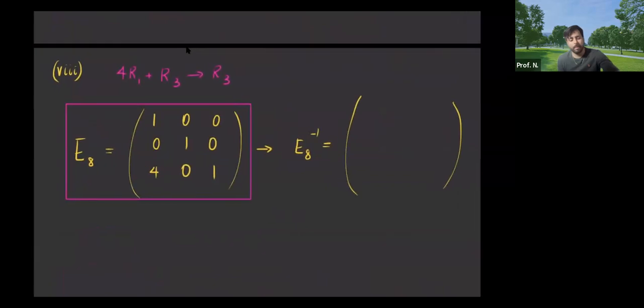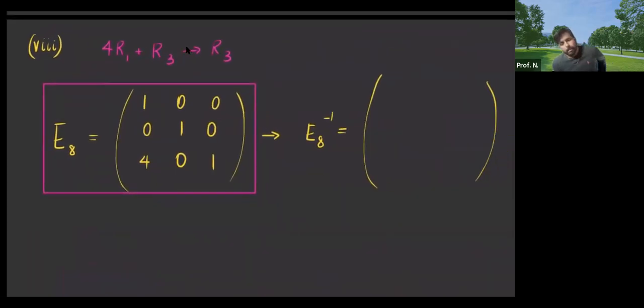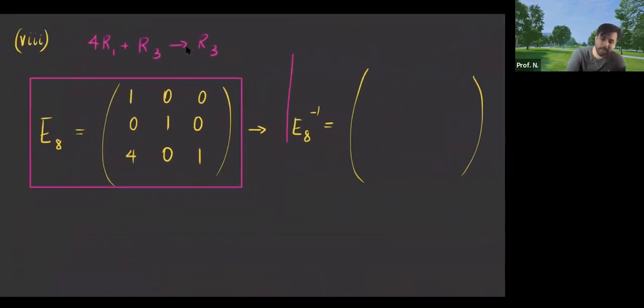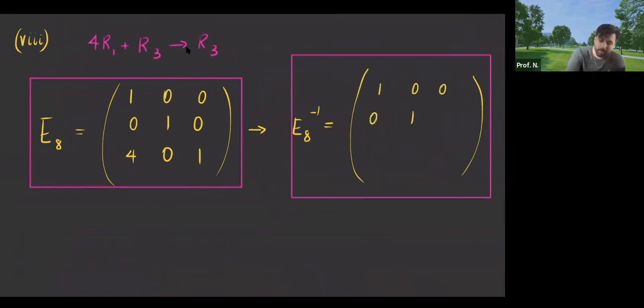So what do you think is going to happen with the 3 by 3? Same thing, guys. Same exact thing. It would be 1, 0, 0, 0, 1, 0, -4, 0, 1.